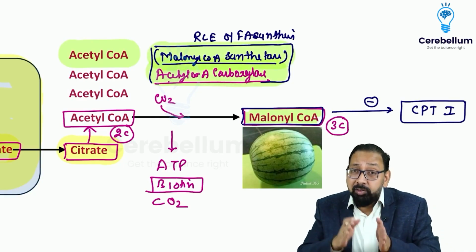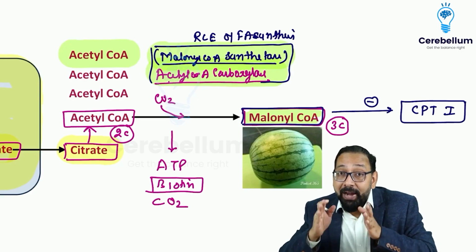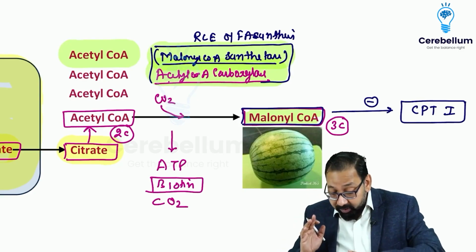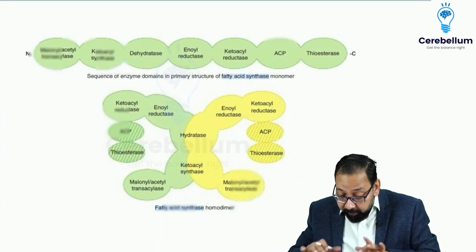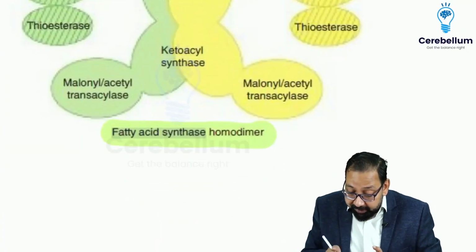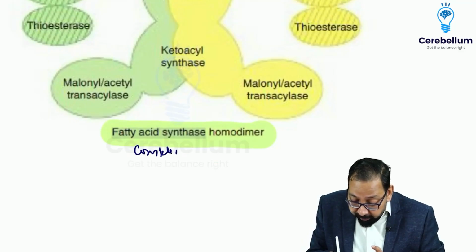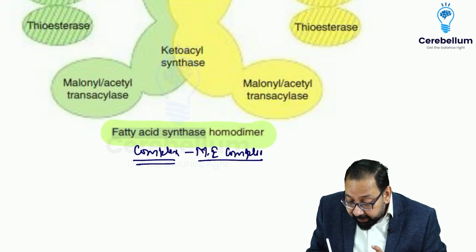Now further synthesis of fatty acid will take place on the fatty acid synthase complex. The next enzyme is a multi-enzyme complex. This is the fatty acid synthase complex. First question: the fatty acid synthase complex is a multi-enzyme complex, and it is a dimer.